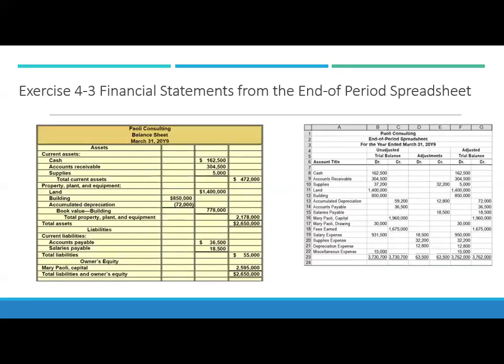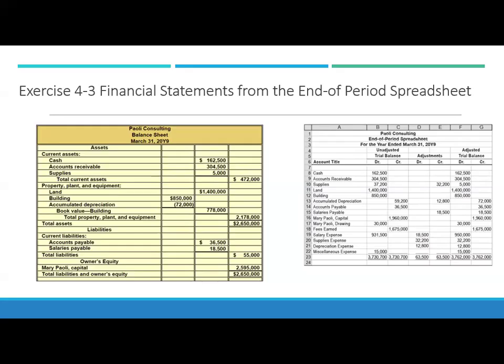Then we take our balance sheet items. Those come straight from the adjusted trial balance as well. And they're already in the order that they need to be in, the order of liquidity. So we have cash, accounts receivable, supplies as our current assets. Then we have a subtotal for current assets because it's a classified balance sheet.